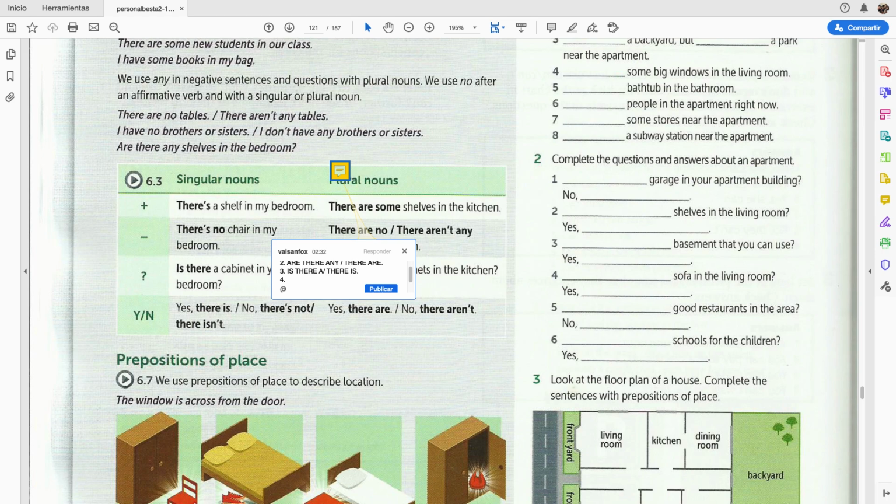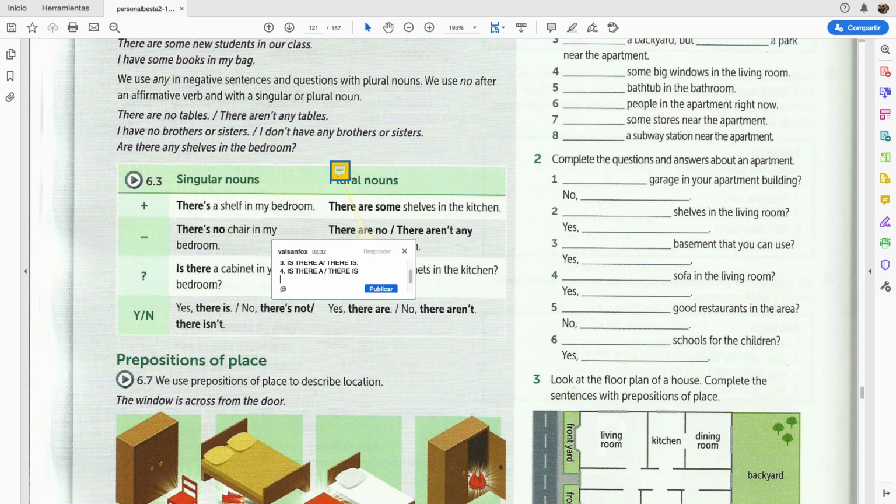In number 4 we have sofa in the living room. Sofa, singular. If it is singular, we say, is there? Is there a sofa in the living room? So we say, yes, there is. Can you see how we change only the position? If it is a question, is there? And if it's for the answer, there is.